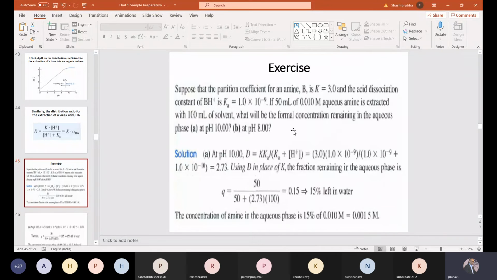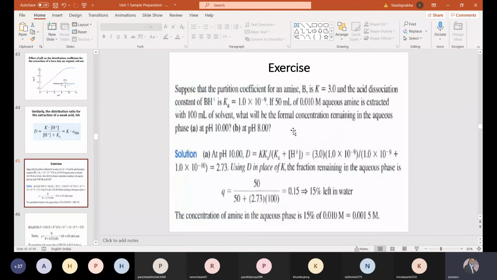And of course, when we have a base, under acidic conditions one can have BH plus, and the acid dissociation constant of BH plus, Ka, is equal to 1 into 10 to the power minus 9.